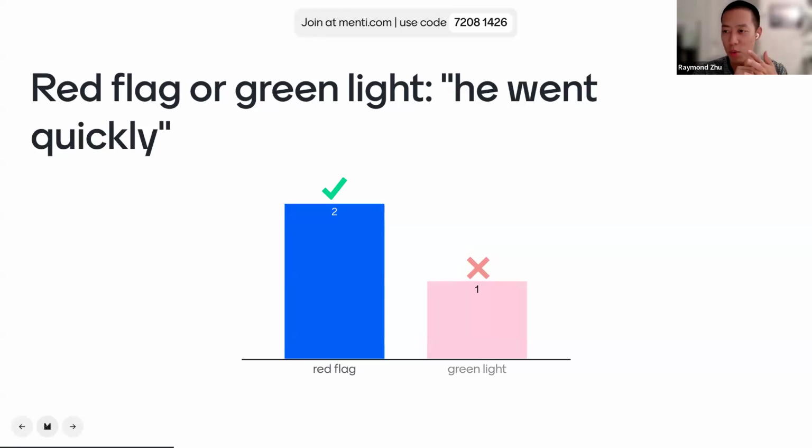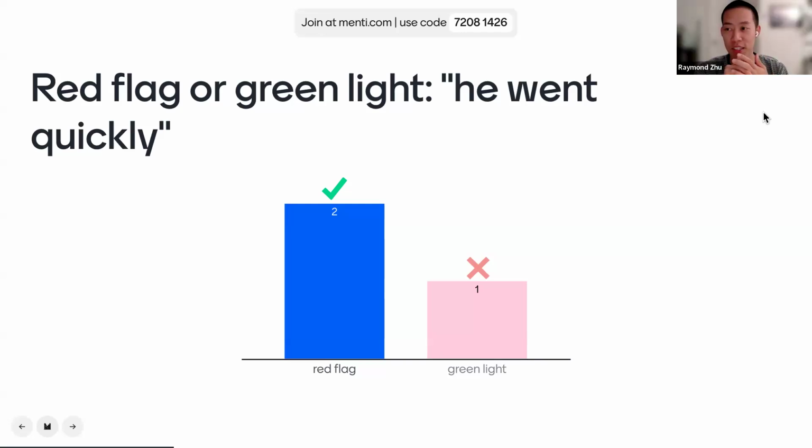And maybe the person who thought it was a green light can defend themselves too. Lucas? So I think it was a red flag because it's just telling and it doesn't really have any detail like a good message does.